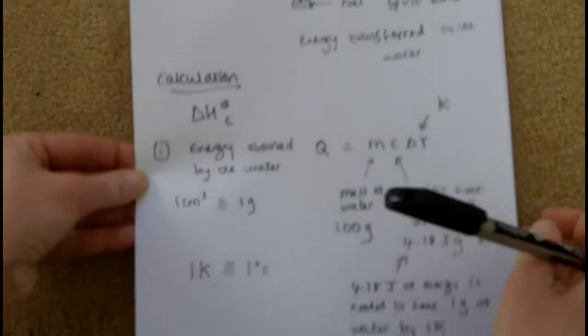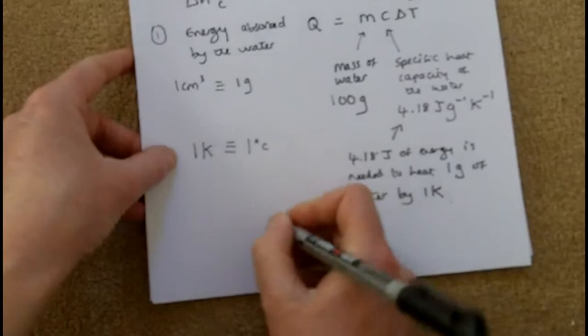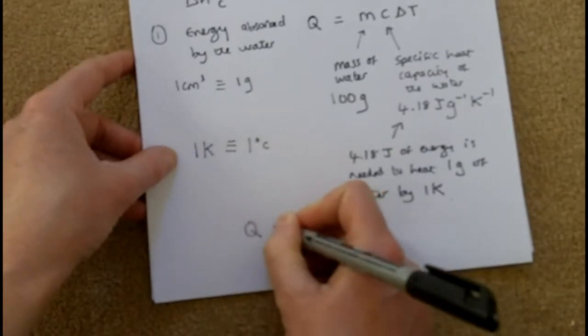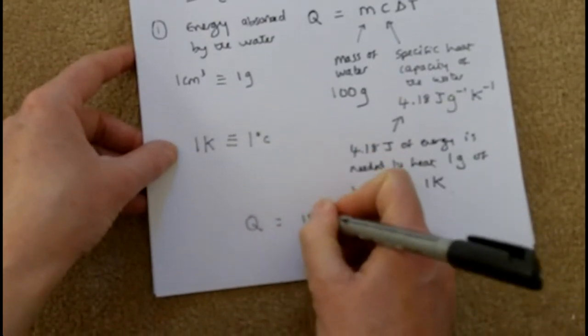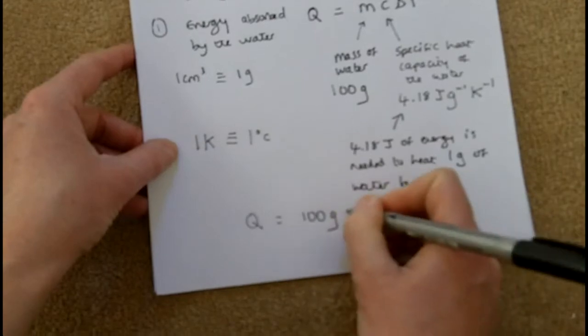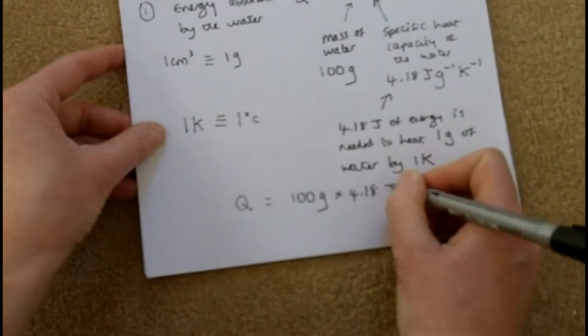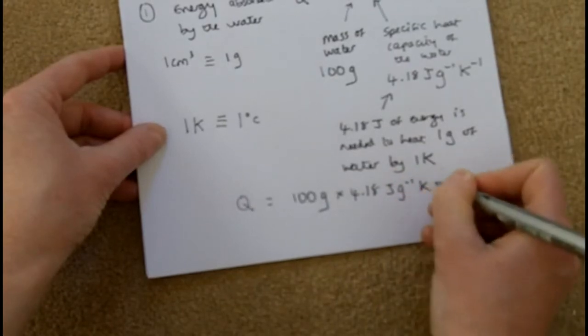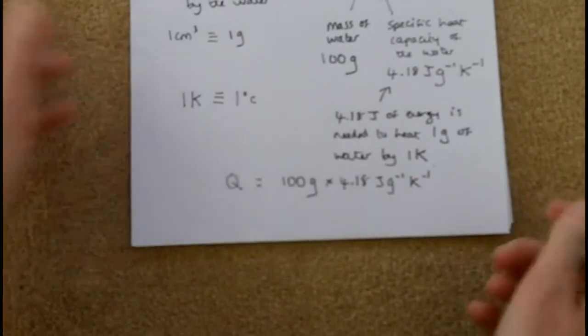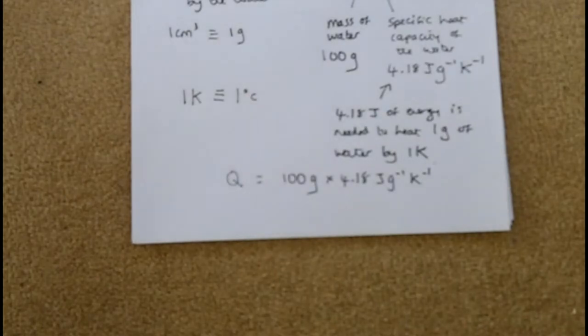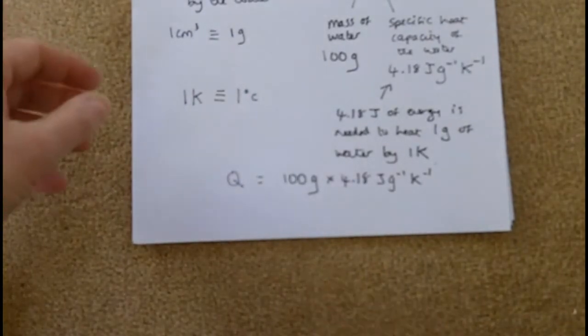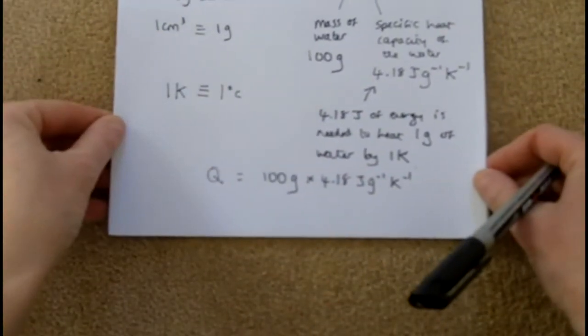So when we do this calculation, the energy absorbed by the water is the mass of the water times 4.18 joules per gram per Kelvin. Let's put in a pretend number: maybe the temperature change was 20 degrees, which is the same as 20 Kelvin.